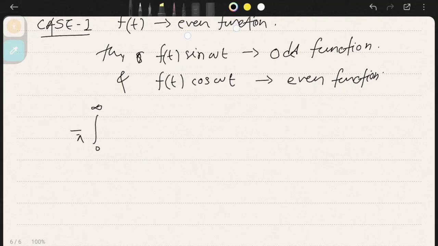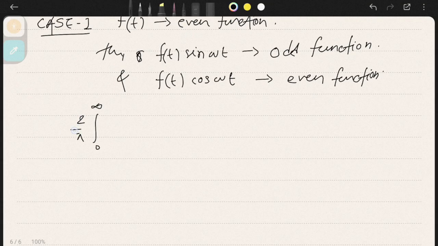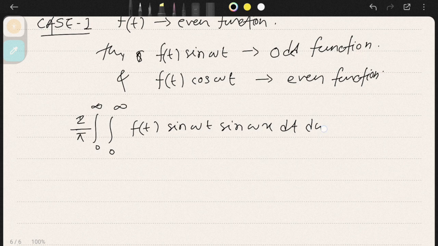So the 1 becomes 2 for the even function. Wait, the sine term will be 0, of course, it is the second term.